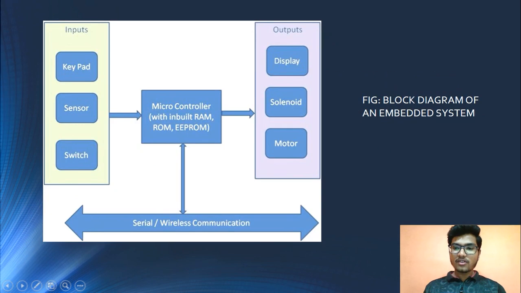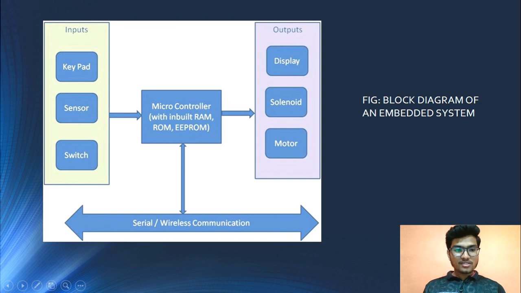So here is a block diagram of an embedded system. It consists of inputs, outputs, microcontroller, and at the bottom serial wireless communication that has to be established. The instructions or the information are given to the microcontroller through input devices such as keypad, sensor, switches, or any other input devices. The information is carried to the microcontroller with the help of buses.